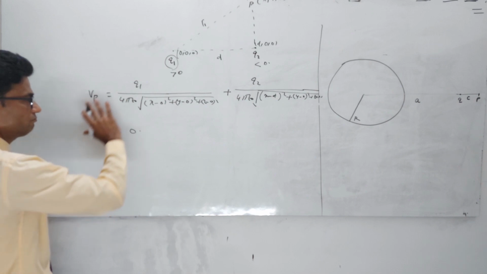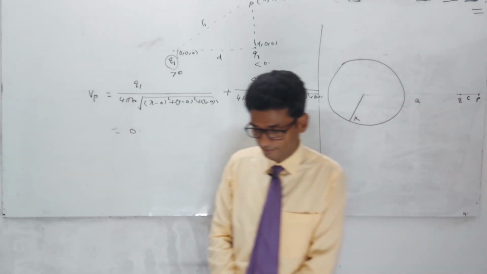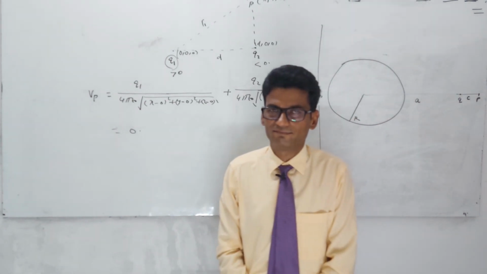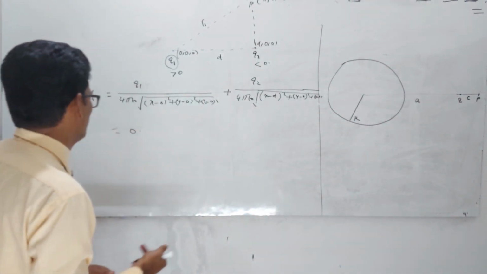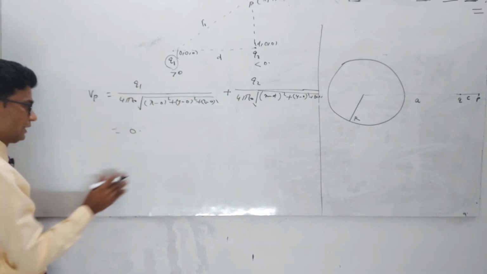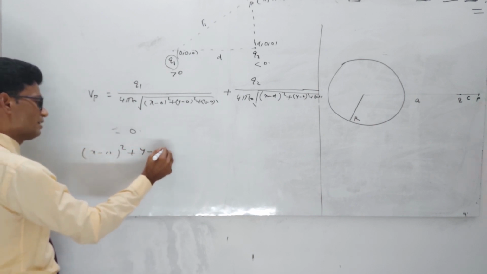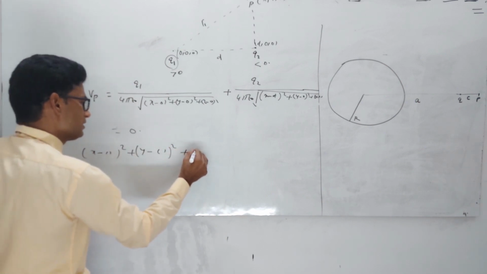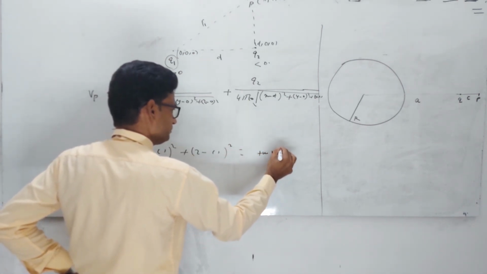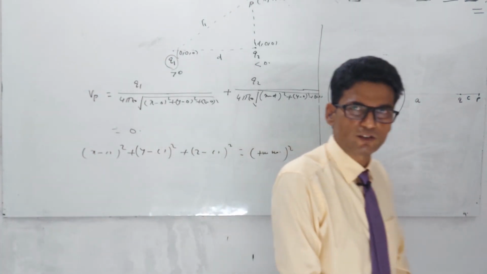So if we manipulate it, then we will get an equation of a sphere. If we arrange it with algebra here, we get x minus something whole square plus y minus something whole square plus z minus something whole square is equal to some positive number whole square. So this represents an equation of a sphere.